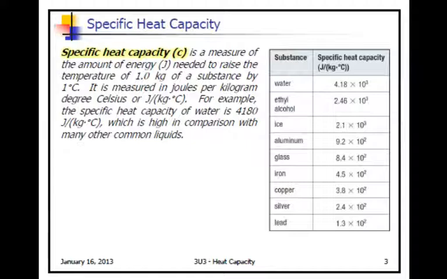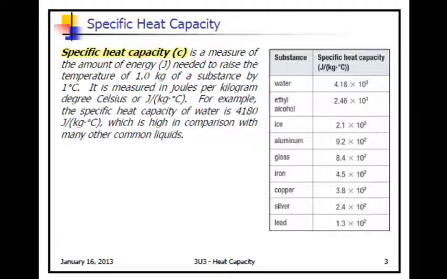This table gives you some specific heat capacities of different materials. You see water is the highest on the list at 4.18 times 10 to the power of 3. Specific heat capacity doesn't have a unit particularly.